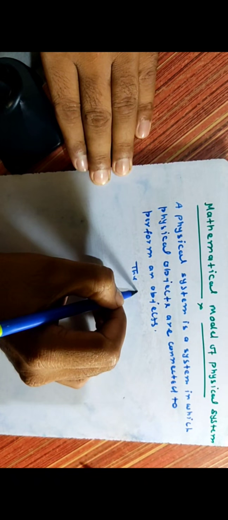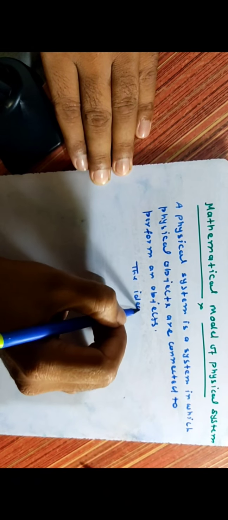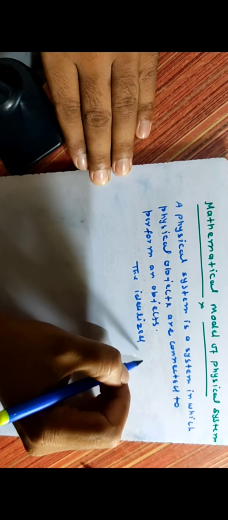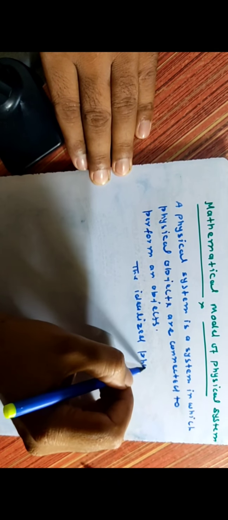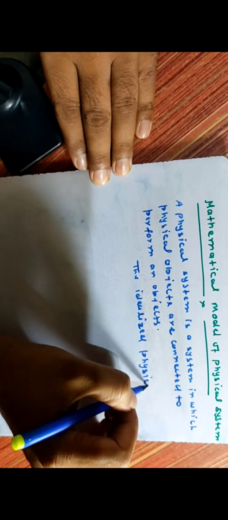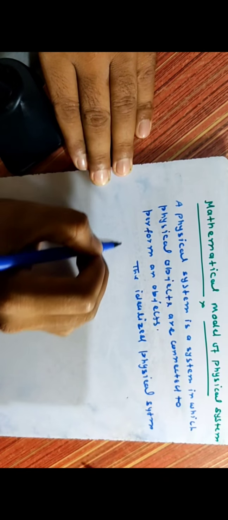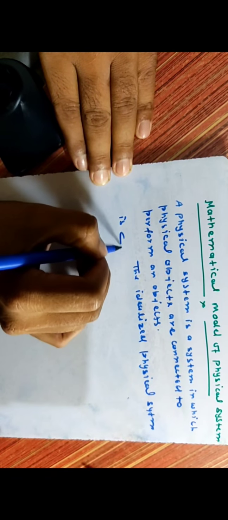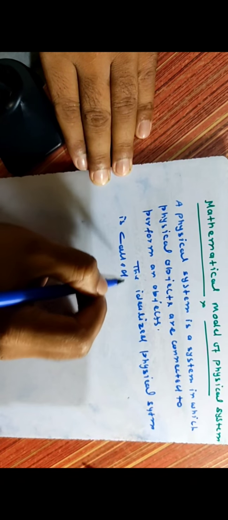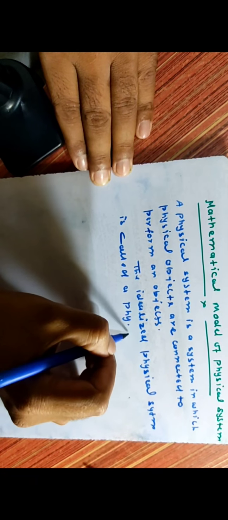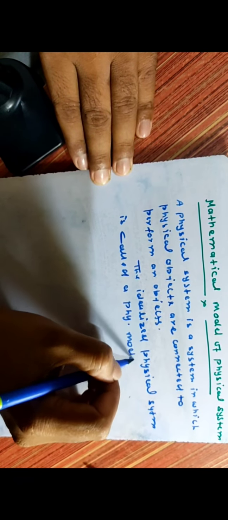The idealized physical system is called a physical model.